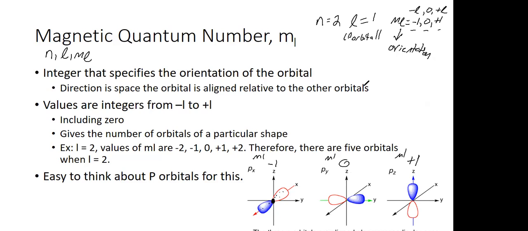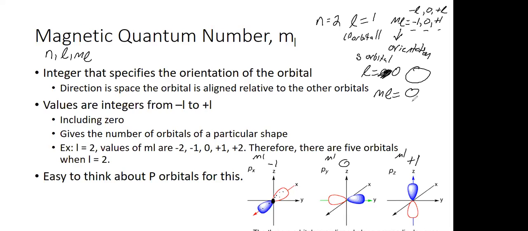And maybe it'll also be easy to understand if I talk about L is 0, which we call the s orbital, right? The s orbital is just a giant sphere around the nucleus. M sub L values for L equals 0, my bad, is 0, right? It's plus or minus L. Plus or minus 0 is still 0. Because if I have a perfect sphere, I can only have that one way.